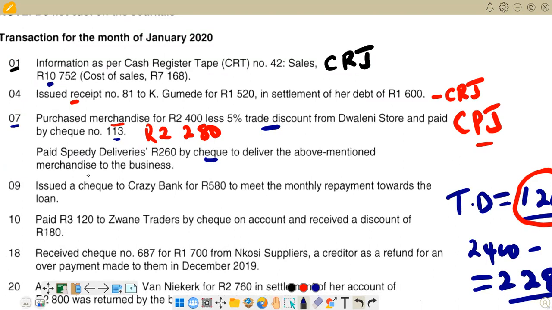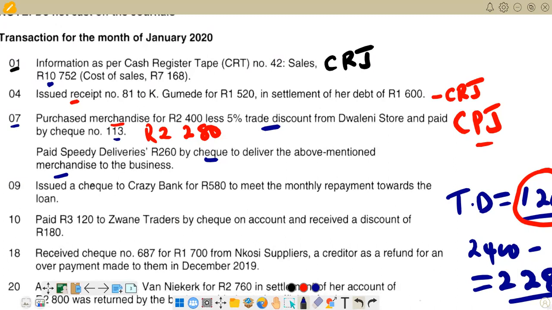And also we have another account that is being affected. This payment of 260 is increasing the cost of that trading stock. So the trading stock also is going to be affected by this 260. The 260 is also going to be in the column for trading stock.